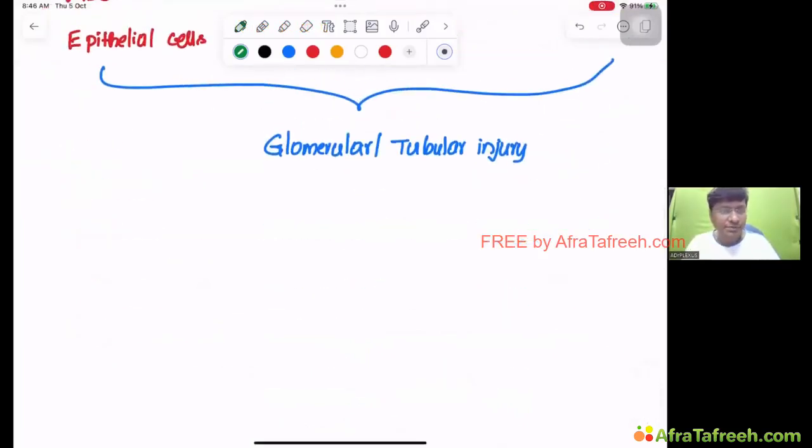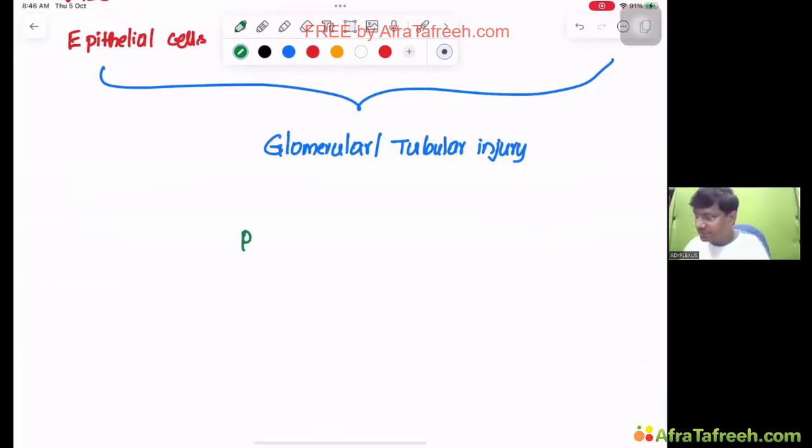When do we call it significant proteinuria, and how much is the normal proteinuria?